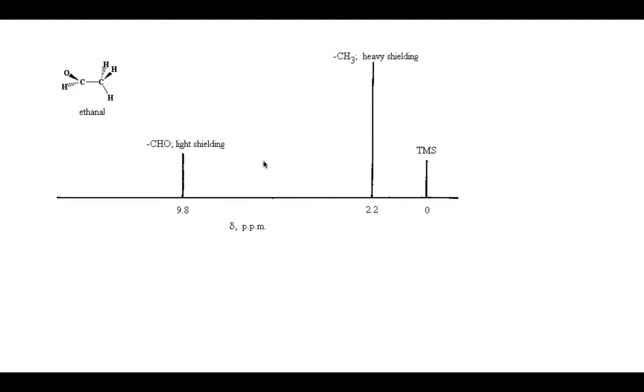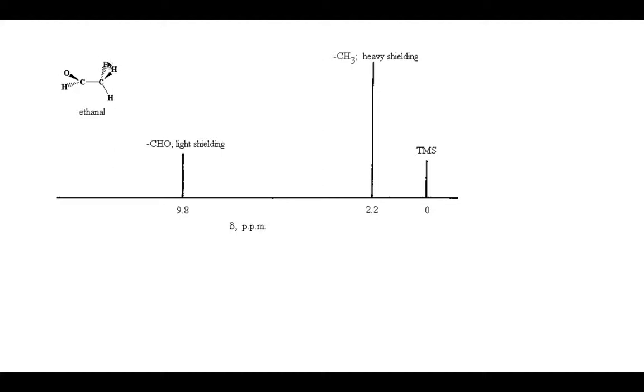But we see 2 signals, and the reason we see 2 signals is because we have 2 hydrogen environments, and one of them is going to have very light shielding because the oxygen has stripped the electrons away, and we see that peak way downfield. And here we're going to have much heavier shielding because the electronegative oxygen is farther away.